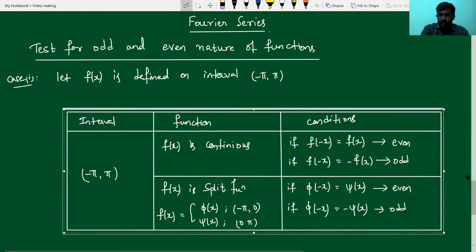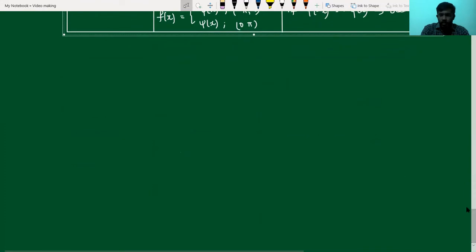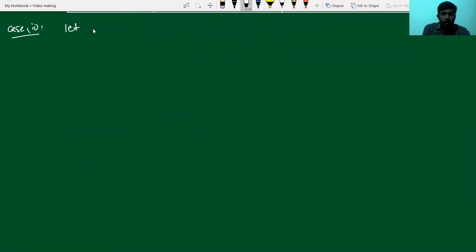So let us consider the second case. Case 2: let f of x be defined on the interval 0 to 2 pi.